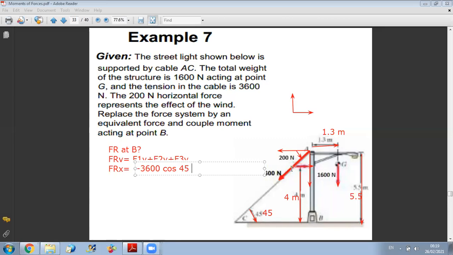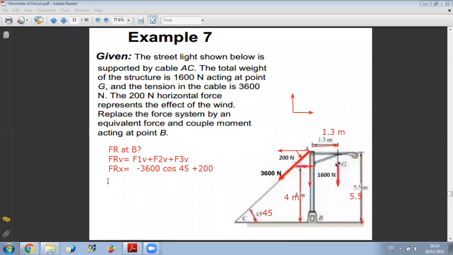The second force is the wind action. As you can see, the wind action is the one here. It is positive and it's horizontal, so I don't need to project. It's along X, so it's plus 200. While for the weight, it's vertical, so no component along X. So this is FRX.